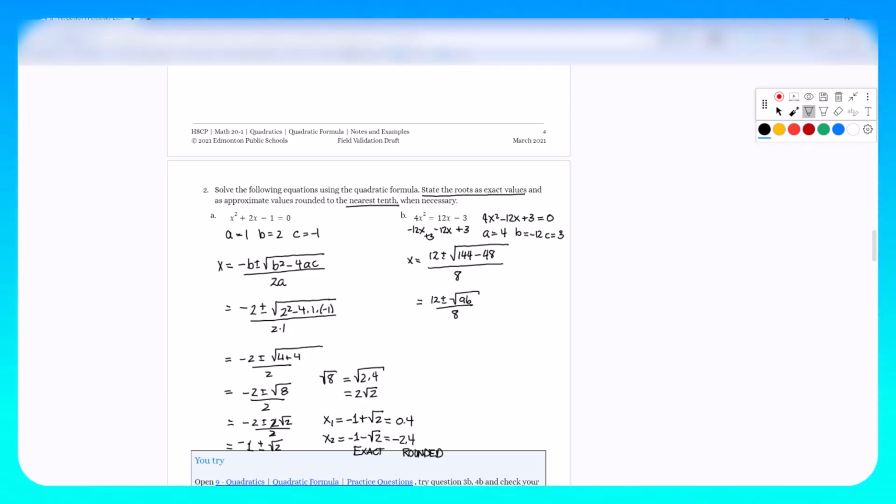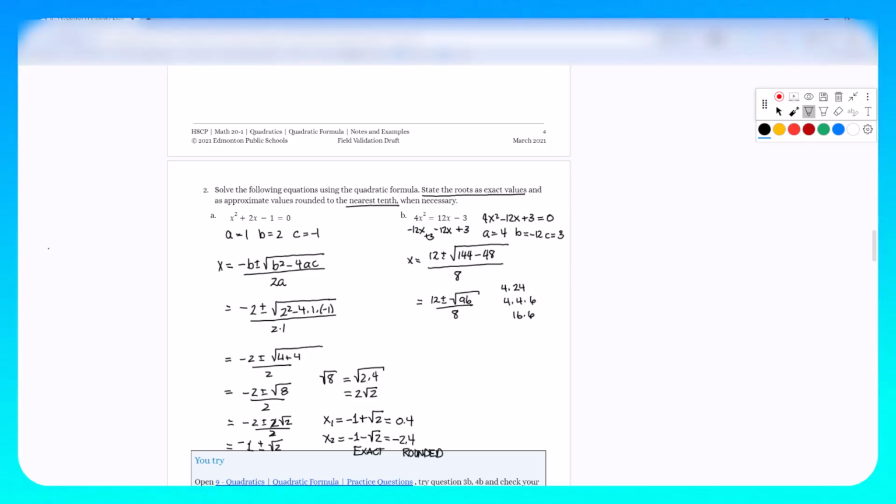Let's look at getting that 96 reduced. Now let's look at that square root of 96. Well, that's 4 times 24 is 96, which is 4 times 6 times 4. Now notice we got this 4 times 4 here, so that's 16 times 6.